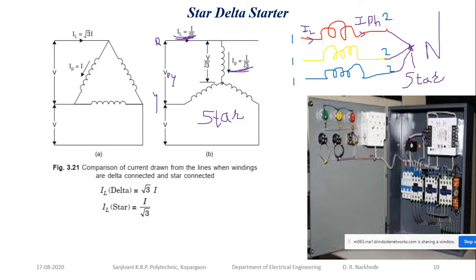The voltage between two phases is equal to root 3 times the phase voltage, or you can say that phase voltage is equal to line voltage divided by root 3. So this is your star connection.